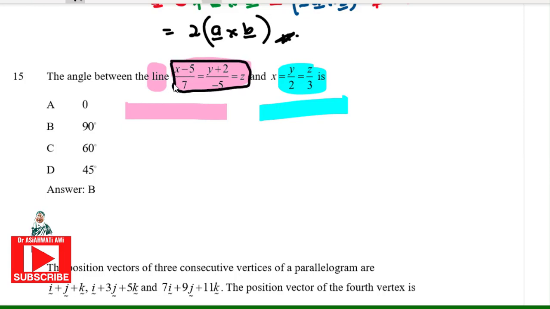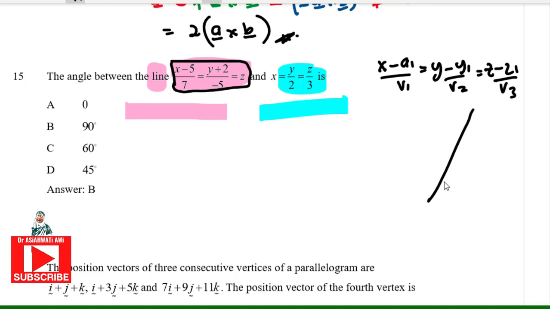The standard form of the Cartesian equation of a line is x minus a1 over v1, y minus a2 over v2, z minus a3 over v3.